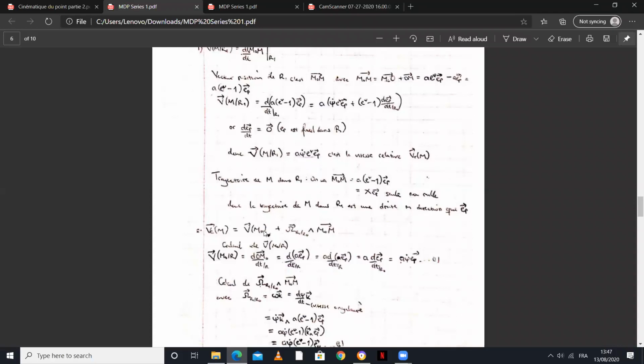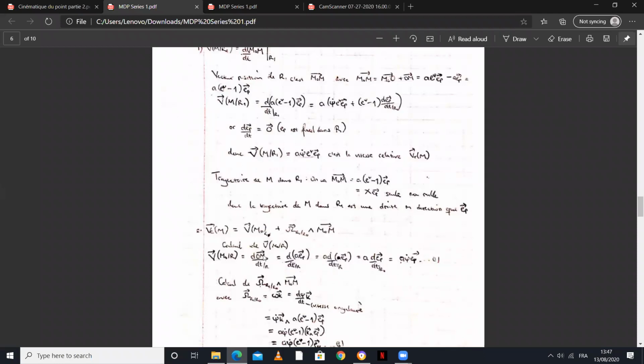We first start by calculating vitesse de M0 dans R. To do this, we are going to use the vector position de M0 dans R. You get the origin of the repère R, which is O, and the point you're studying now, which is M0. So our vector position is going to be OM0.